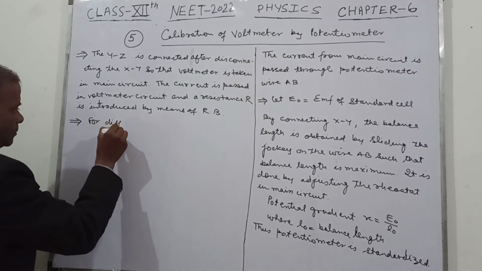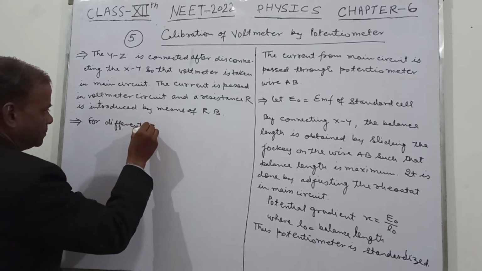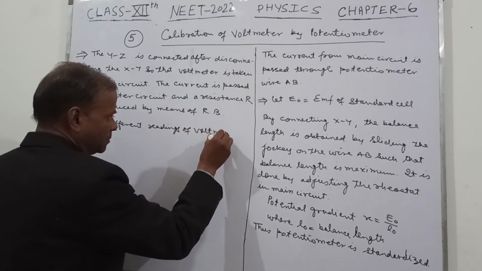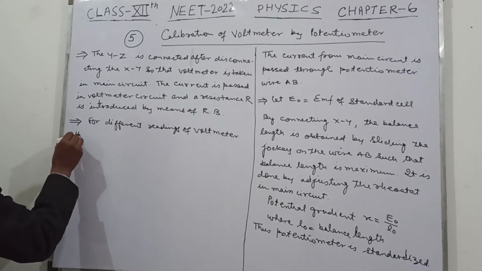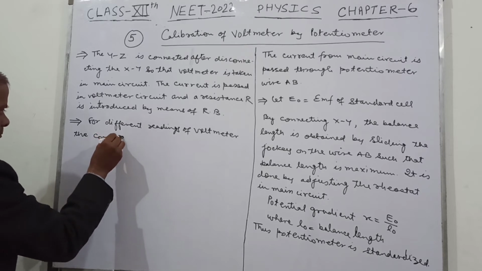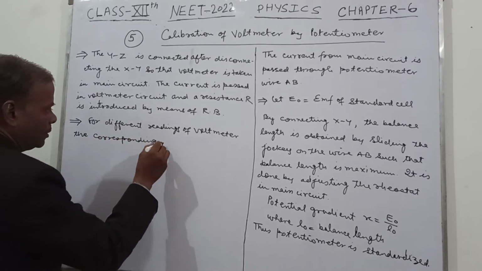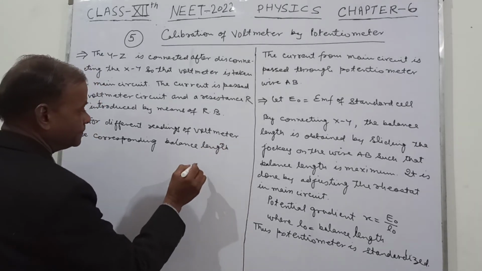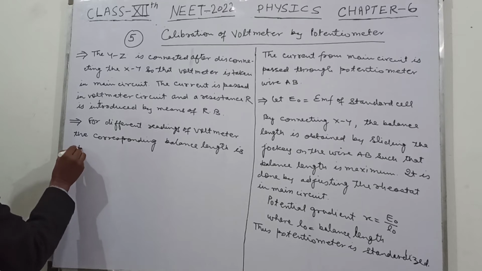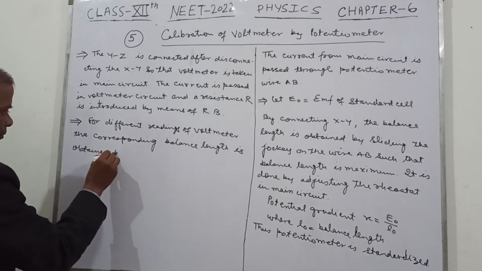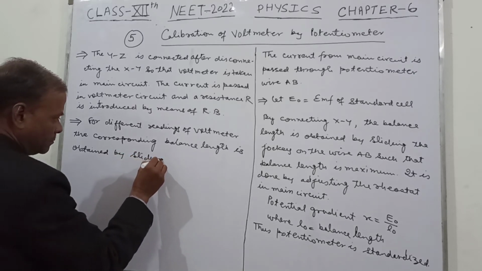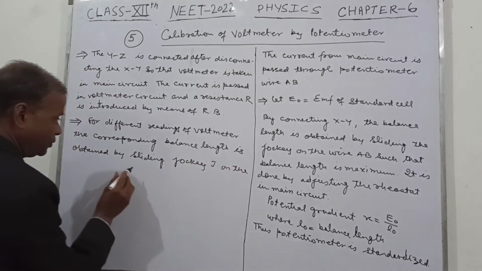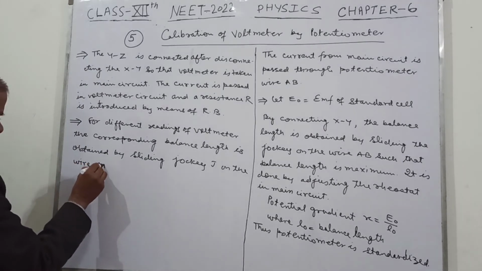For different readings of the voltmeter, the corresponding balance length is obtained by sliding the jockey J on the wire AB.